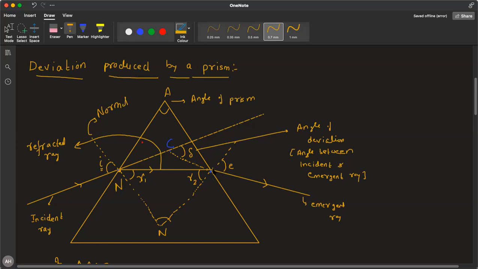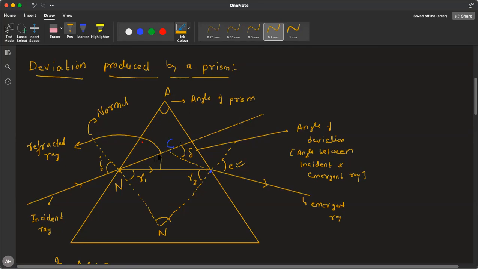If there is no refraction, then this ray will go straight. But since it's moving from glass to air, it will bend away from the normal. This E is the angle of emergence. For this face, this is the angle of incidence. We name it R2, because one angle inside the prism is R1, so we'll call this angle R2.